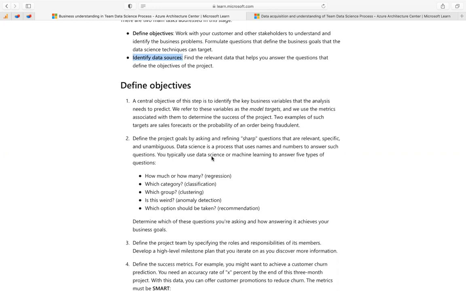So the data the person is going to take has these key metrics inside that is going to target the sales forecast. So for example, let's say you are in an organization and you want to know what the sales is going to be like in the next few months. So you go to the sales department, you get their data.